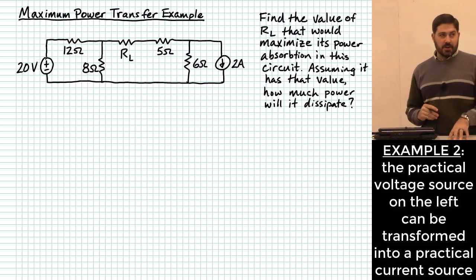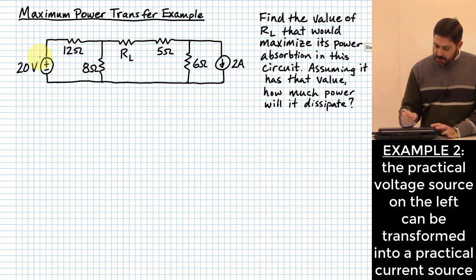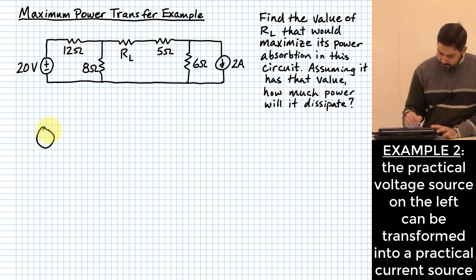Let's try using our technique we just learned with source transformation. Okay, I'm going to start over on the left side of this circuit. Let me transform my 20 volt with my 12 ohm into an equivalent practical current source. Here we're going to have a current source in parallel with a resistance of 12 ohms.